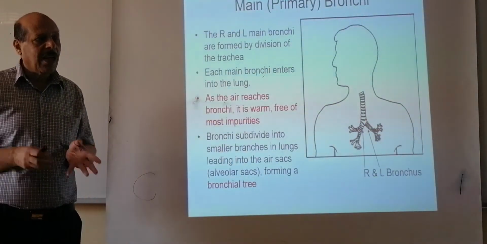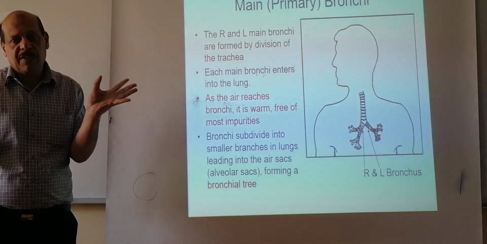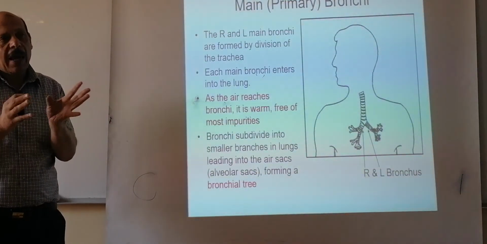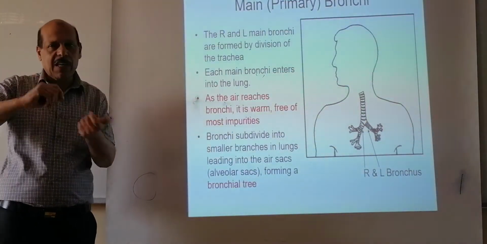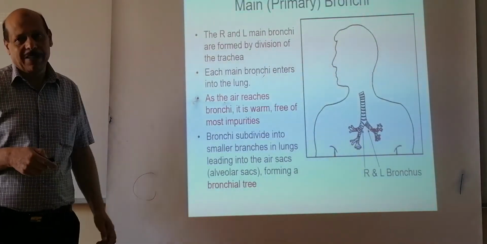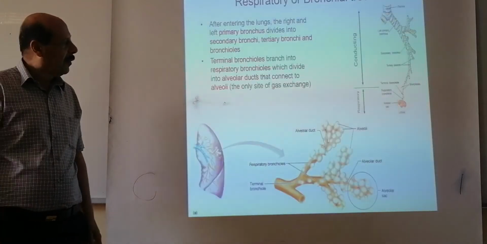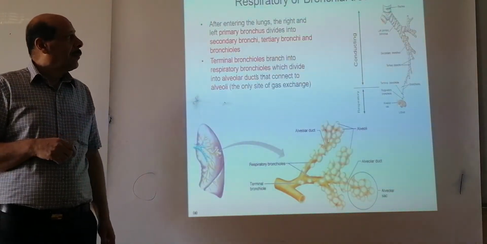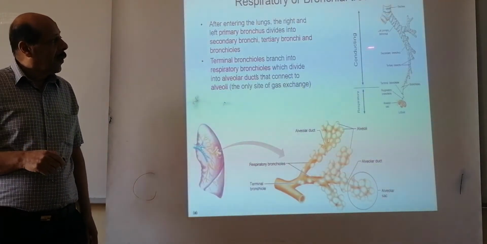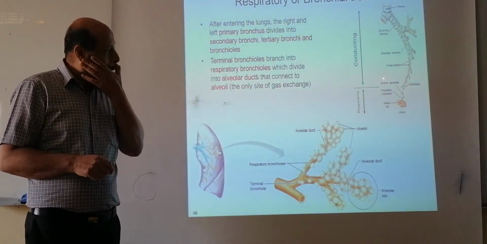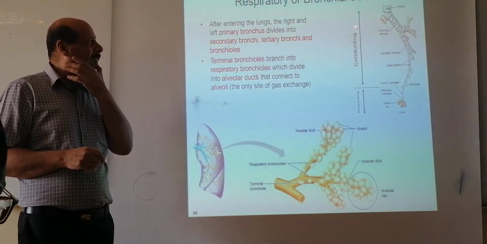So it is like the branches of a tree, and at the end of the branches, instead of leaves, there are alveoli. So this is the bronchial tree, and how it is divided.